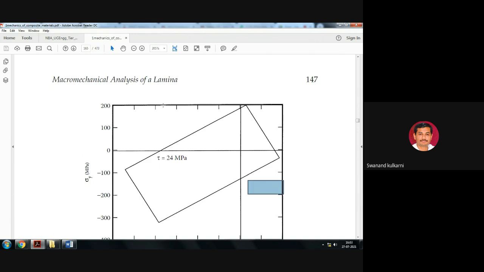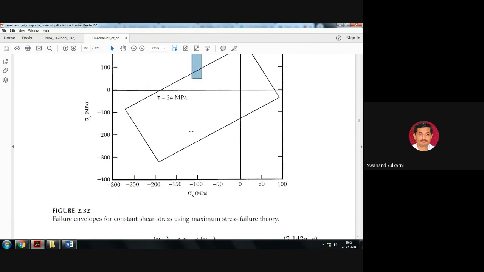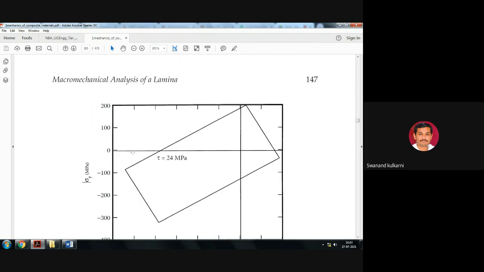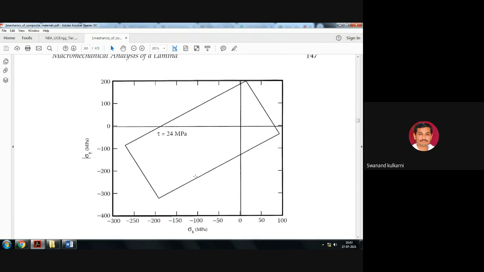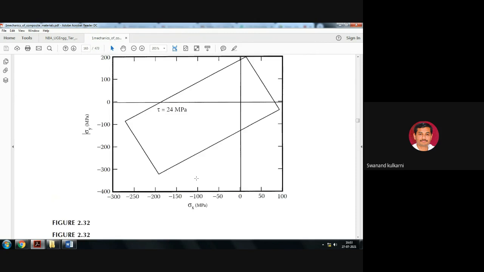Is it okay? This particular vertical direction we will use as the y direction. Is it okay? X, y. Vertical direction as y, horizontal direction as x. And if any angle lamina is present in a particular direction, then that can be studied here. Is it okay?